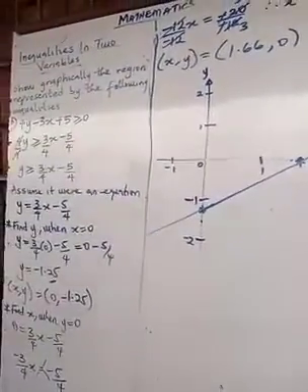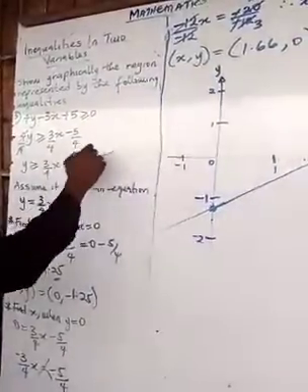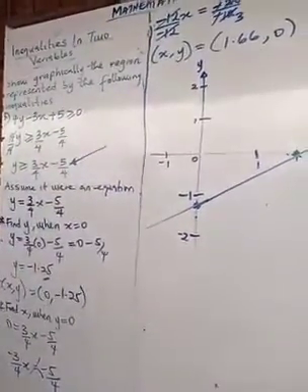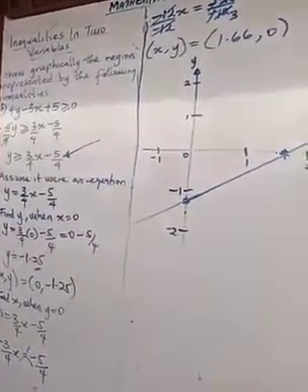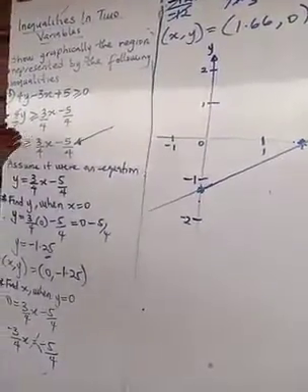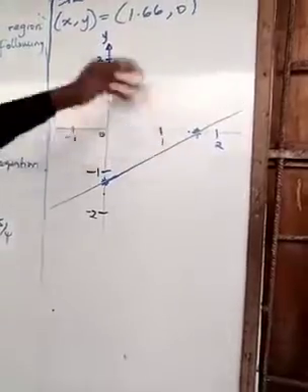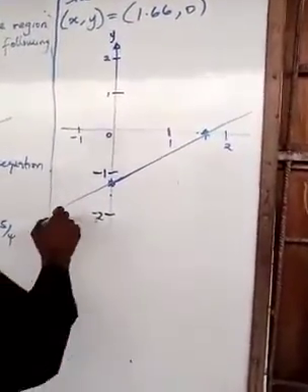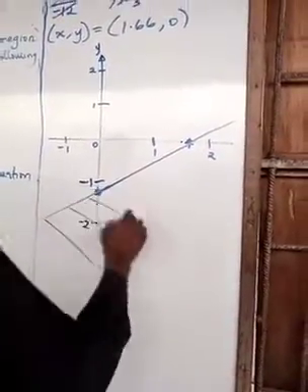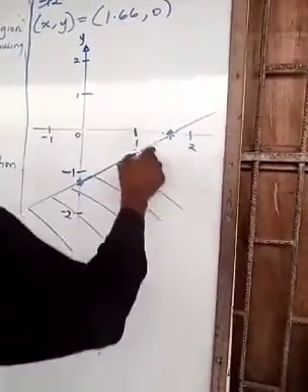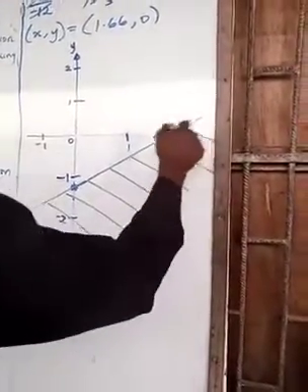Now how do we know where to shade? You come here. So this is what informs us of where to shade. Now because it is greater than or equals to, that means we are interested in the greater than part, which is above the line. So you shade the part above the line.